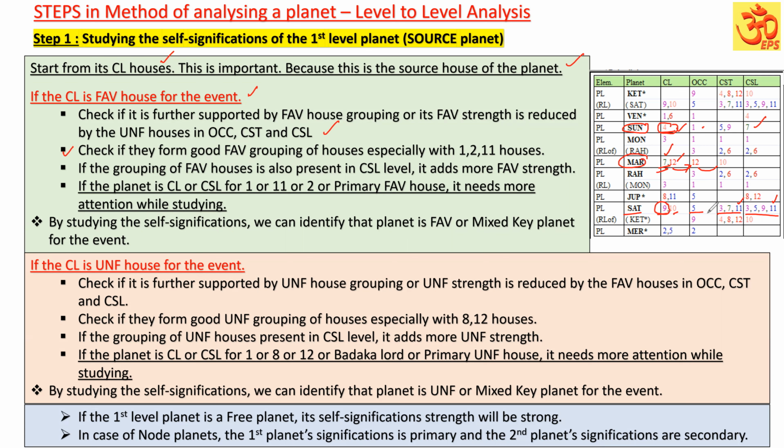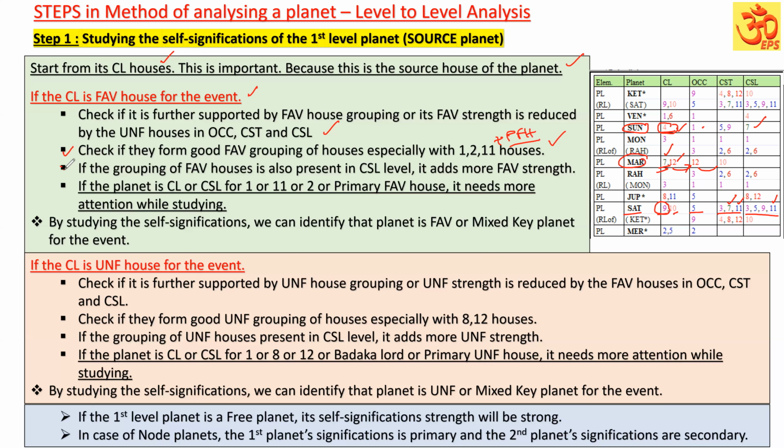The second house is not there, but it has other houses, 5, 3, and 3, 5, 9 in CSL also. Apart from that, it also has the primary house. So it is a favorable grouping of houses, especially with the 1 to 11 houses, and of course with the primary favorable house also present, it is going to be very good.